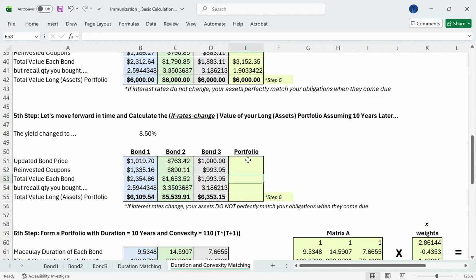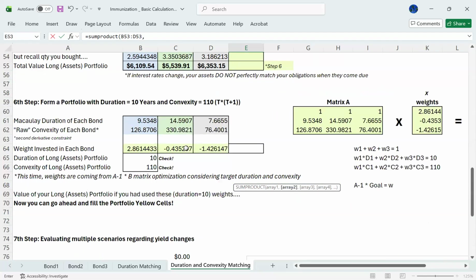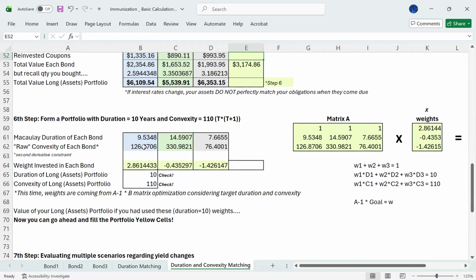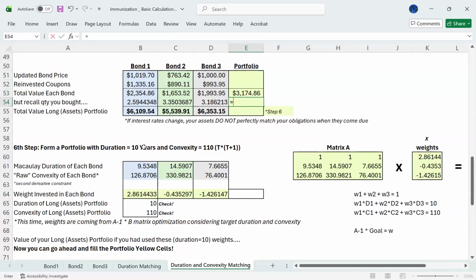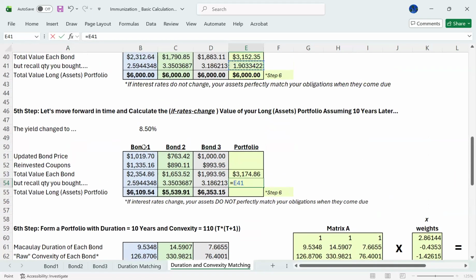So what I'm going to do is, again, a sumproduct of each one of these values, which have two components each, the price of the bond and the reinvested coupons of a bond, times the weights I invested. And let's recall that I bought 1.90 of that particular portfolio, and then the total value is 6,042.